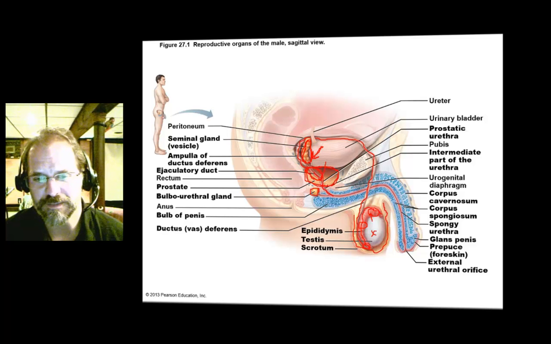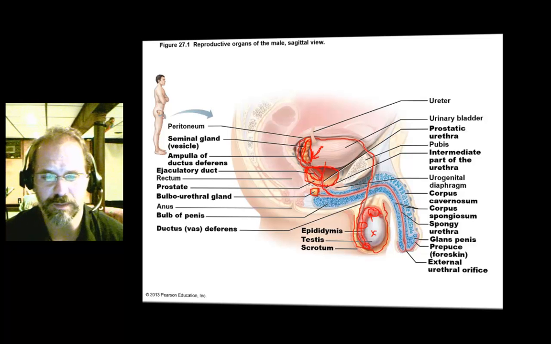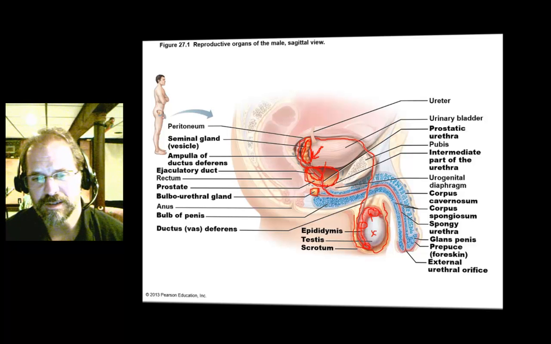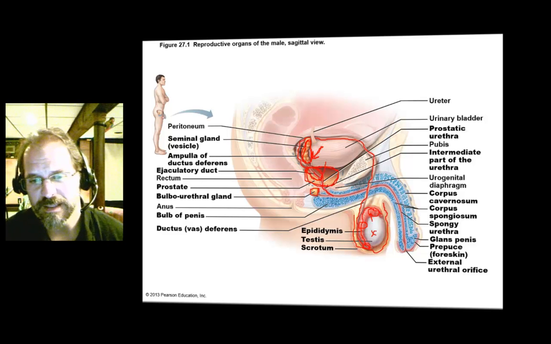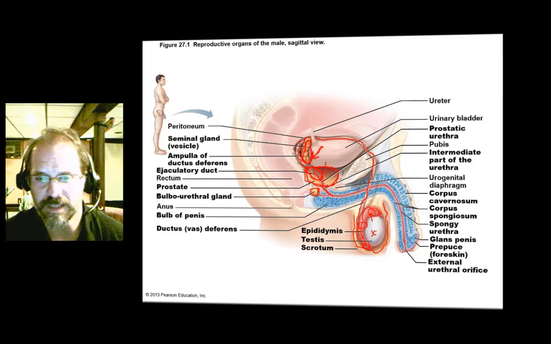So at ejaculation, we've got the semen here that's arrived in the ejaculatory duct due to emission, and then the first thing that happens just as ejaculation begins is Cowper's fluid, bulbourethral fluid, is secreted, and bulbourethral fluid contains mucus and some bicarbonate and some other alkaline secretions that help neutralize any acidic material that may still be in the urethra.